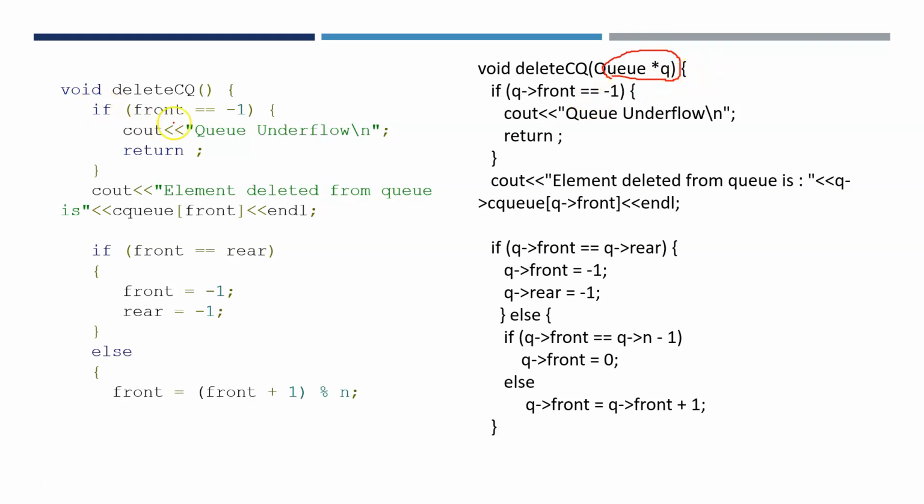When you watch the first statement here, front equal to minus 1, for the same statement I have written Q's front equal to minus 1. Similarly, all the values are replaced like this. Q front, Q front, here Q front. And don't forget, you need to put this operator because it is an address. All the operations are done in this way.